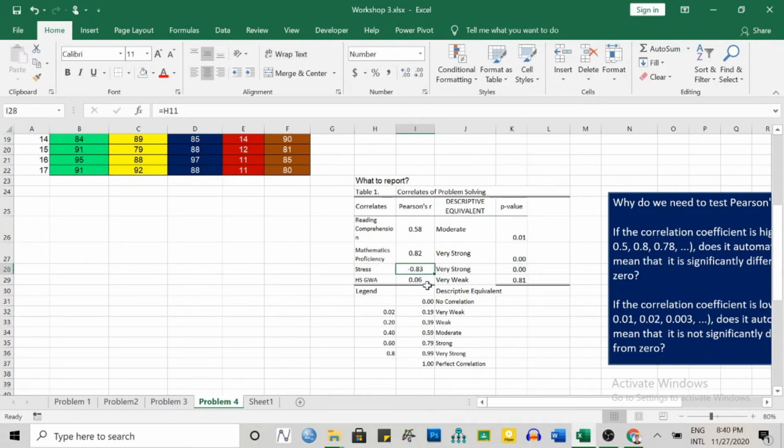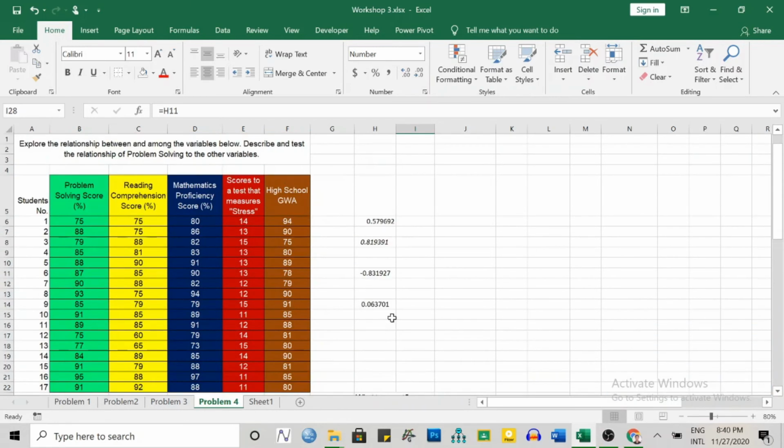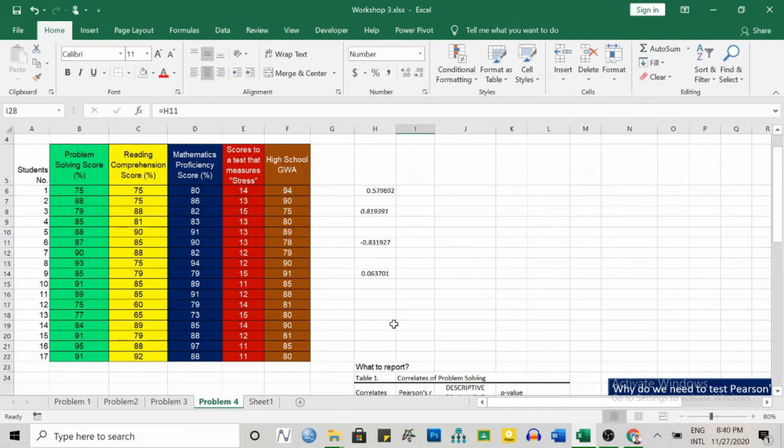It's negative 0.83. That is still very strong, and it is significantly different from 0. The difference with this correlation coefficient now is that it is negative. So how do we interpret a negative correlation? The relationship is inverse. And what do we mean by an inverse relationship? If the stress level of a student increases, the tendency for the scores of the students under that problem-solving test will decrease.